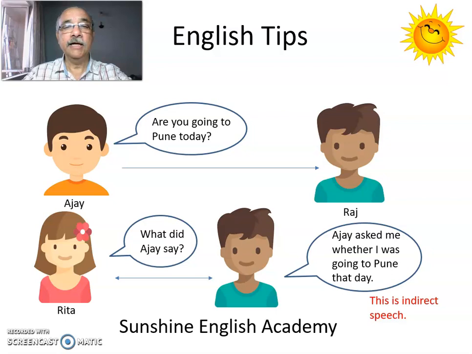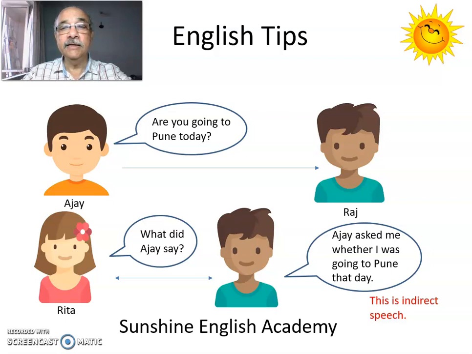Now, when Raj tells Rita what Ajay said, he doesn't use the words spoken by Ajay. He tells Rita in his own words what Ajay said. So some of the words spoken by Ajay are changed.